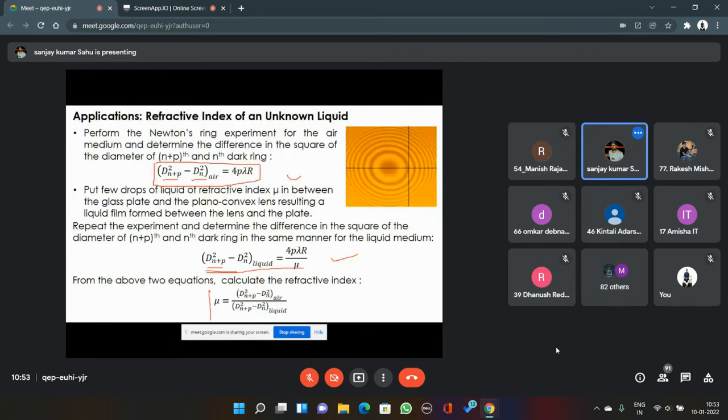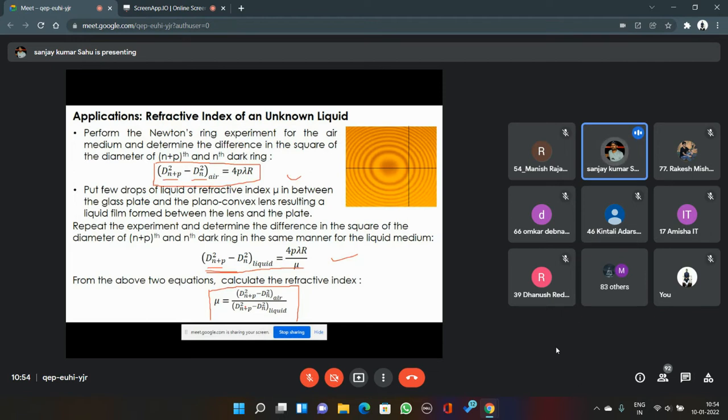So to find out the refractive index of any unknown liquid, you have to do the Newton rings experiment once with air as the thin film, and once with liquid as the thin film, and then divide them. You have to do the two measurements, D(n+p) square and D(n) square, for air and for liquid, and the orders must be the same.